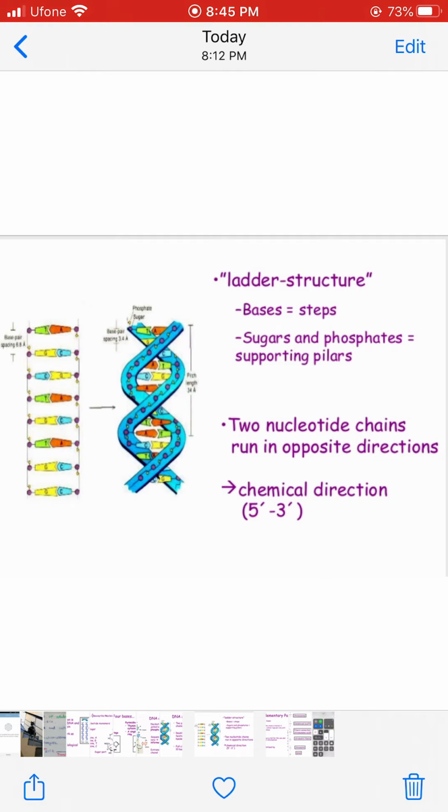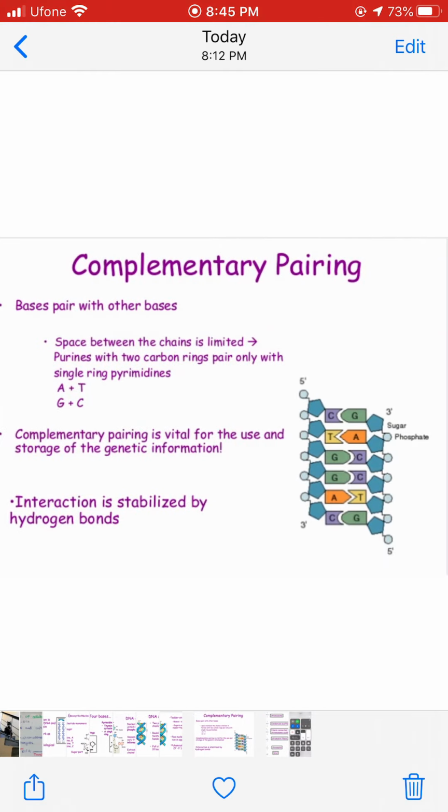And the bonding between the bases is of hydrogen bonds. This is the previous concept of complementary pairing, where you can see the two strands run antiparallel.